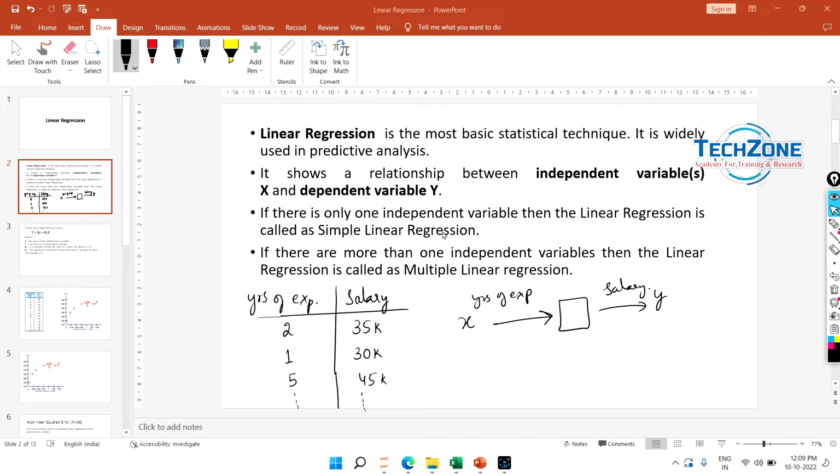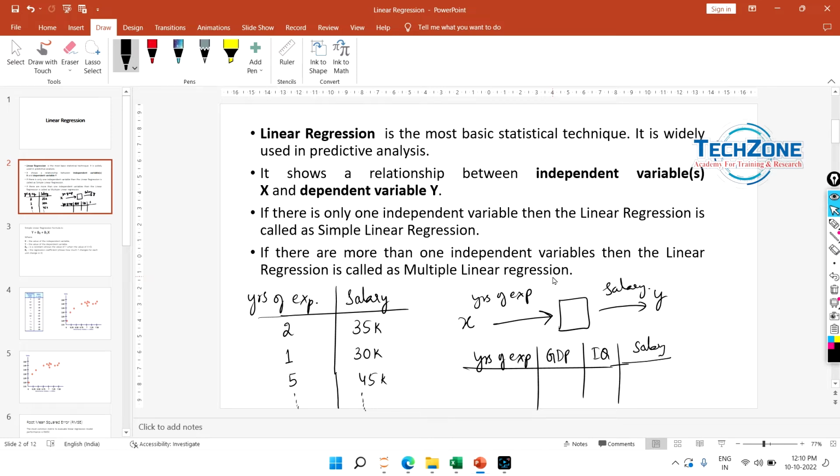If there is more than one independent variable, yes, we can have more than one independent variable also, then the linear regression is called multiple linear regression. For example, years of experience, GDP, that is the aggregate in graduation, and let us say this is IQ of the candidate.